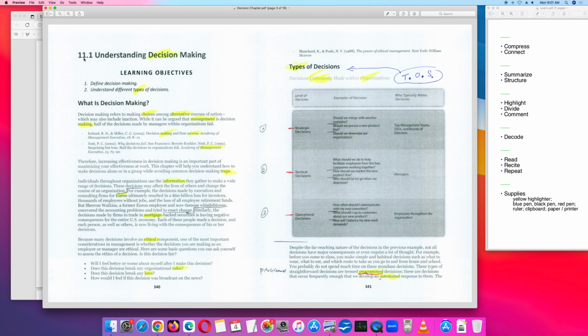Now going to section 11.1, again I highlight. If you look at this overall page, notice what percentage is white and what percentage is yellow. A very small percentage is yellow, maybe 10%, because I only do keywords.